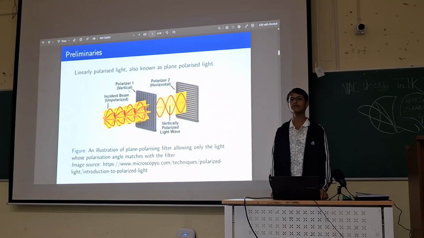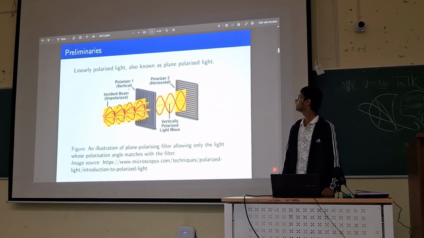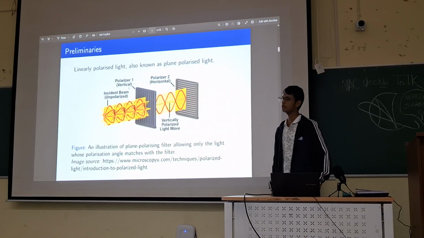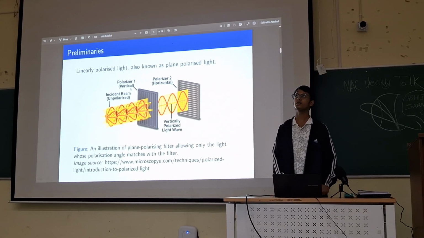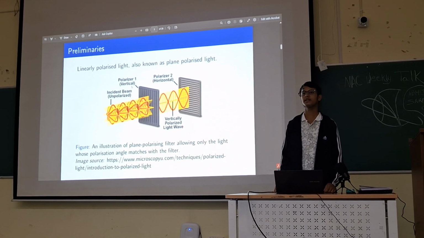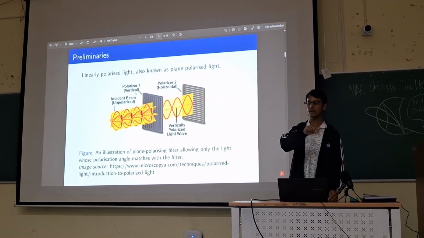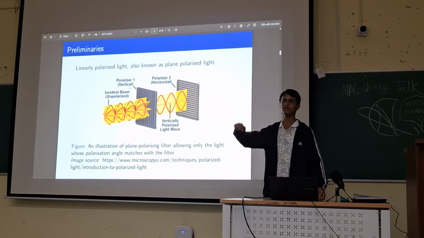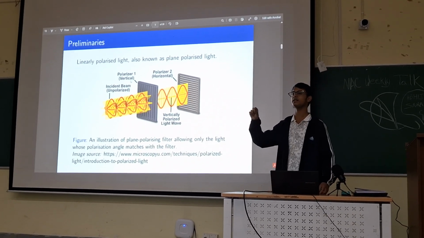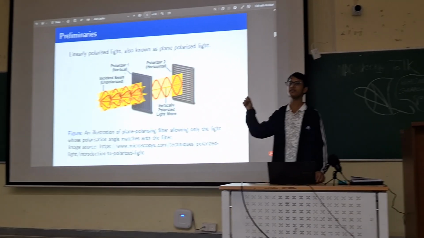First I'll start with some preliminaries. Linearly polarized light: you might be familiar that light is an electromagnetic wave. There is a wave of oscillating electric fields, and perpendicular to that, there is an oscillating magnetic field.